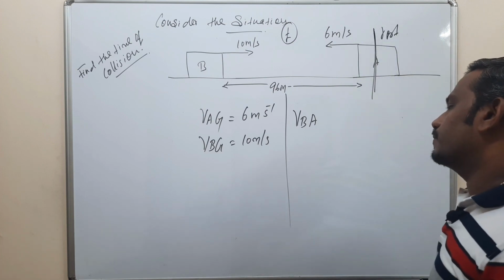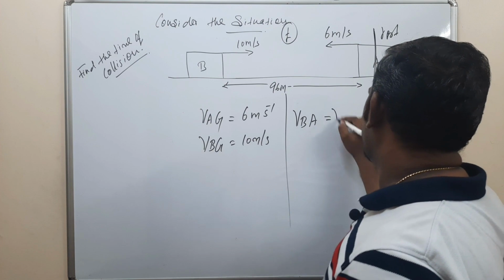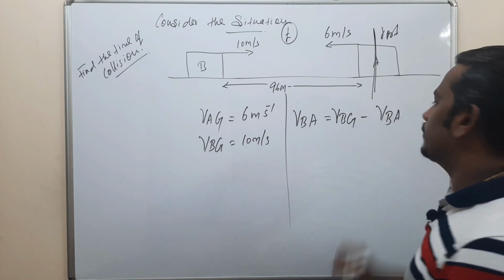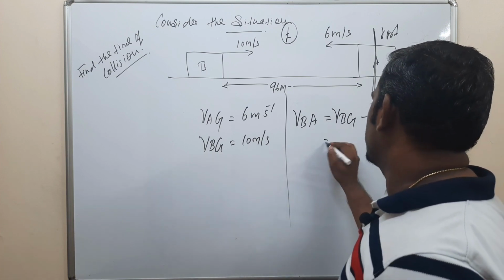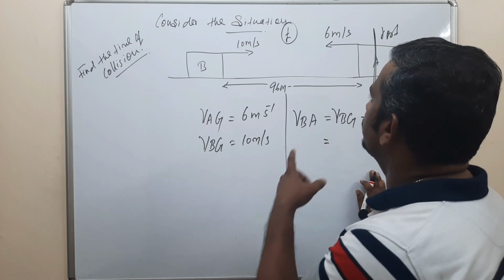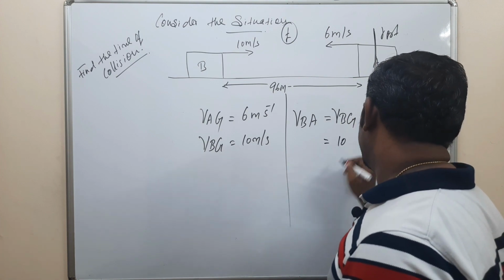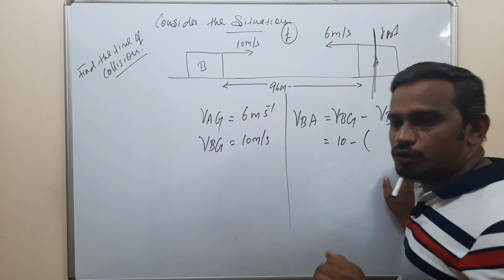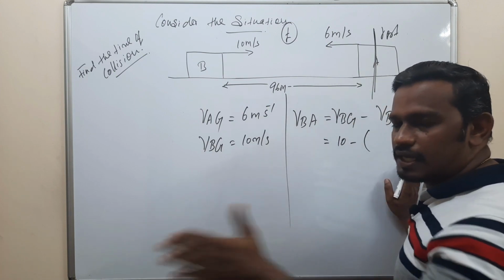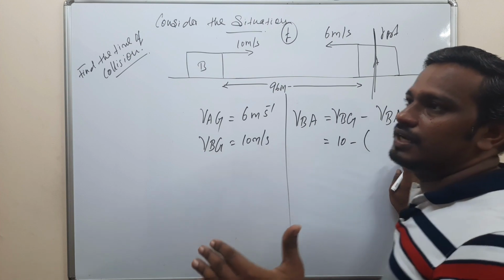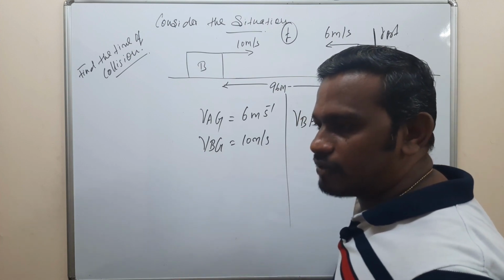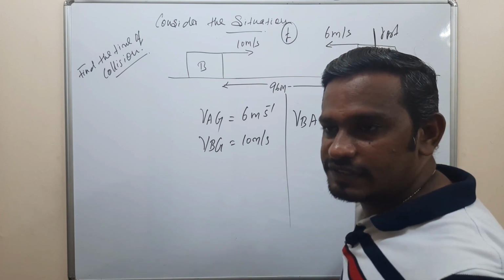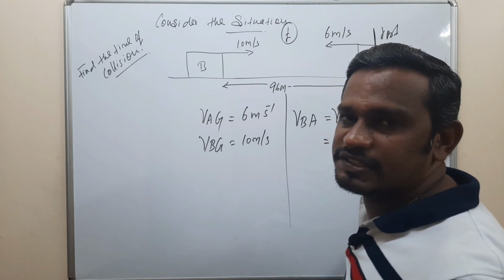So VBA is equal to the formula VBG minus VAG, that is equal to 10 minus... Because initially I told that the velocity of objects moving in the rightward direction is taken as positive, and the velocity of objects moving in the leftward direction is taken as negative.